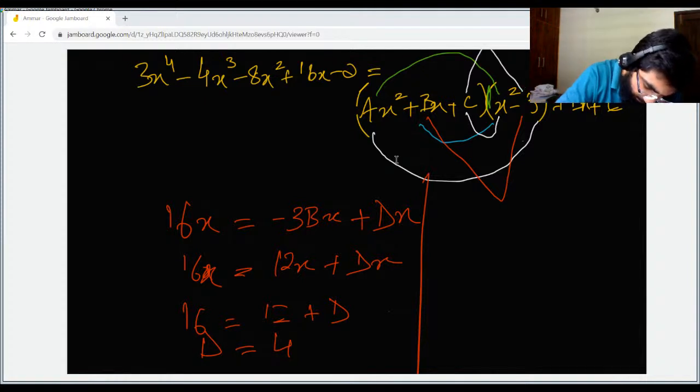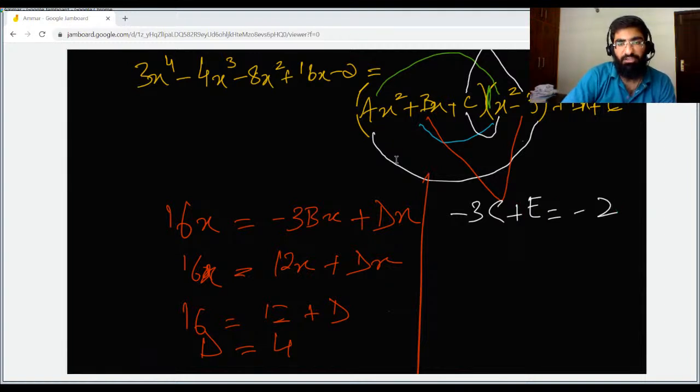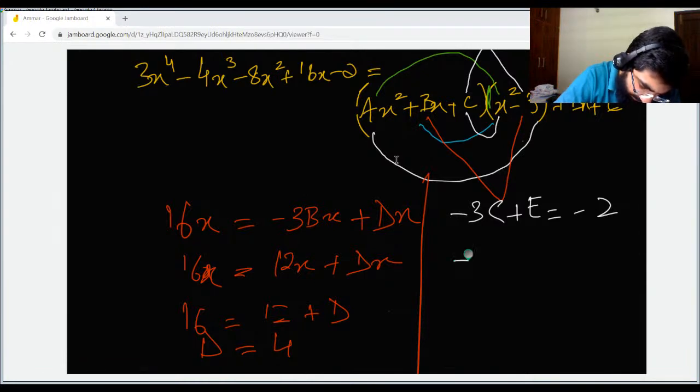So minus 3c plus e is equal to minus 2. And I have already got the value of c, which was 1. So minus 3 plus e is equal to minus 2, and e comes out as 1.